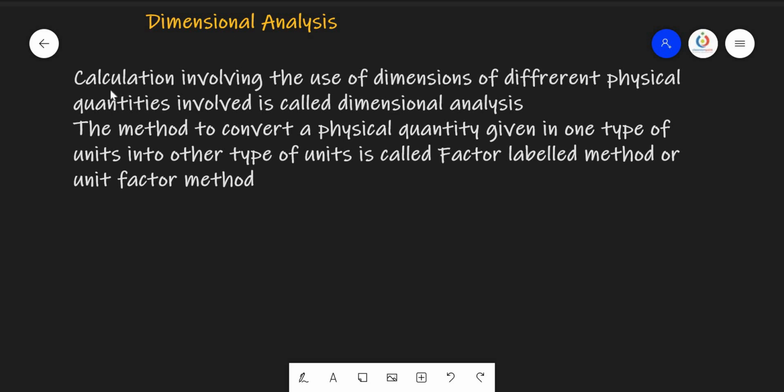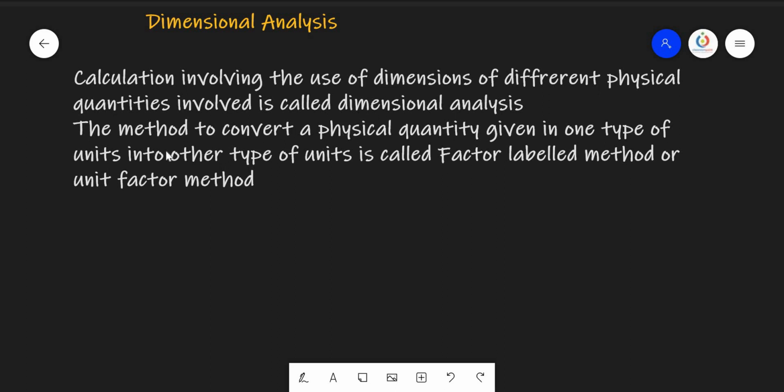So the dimensional analysis definition: calculations involving the use of dimensions of different physical quantities involved are called dimensional analysis. In this, we convert one particular unit to another particular unit.